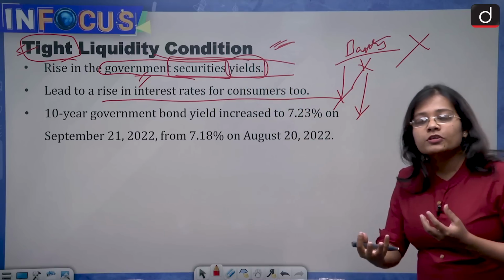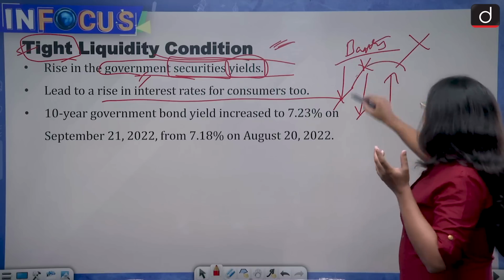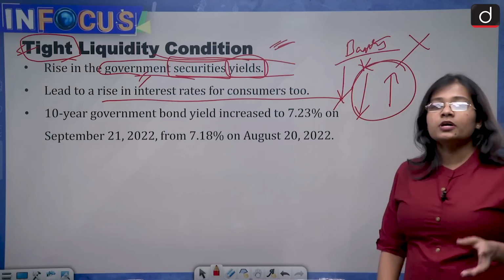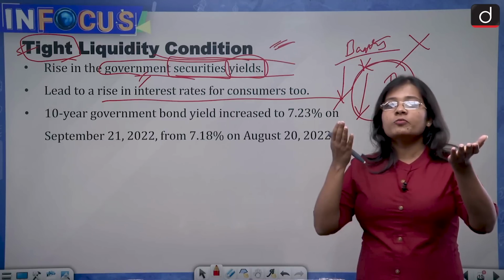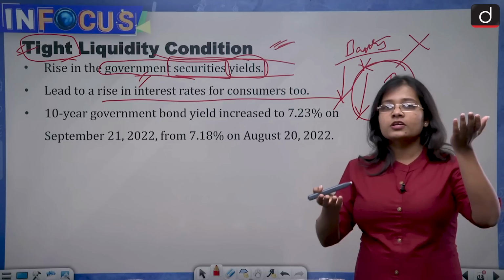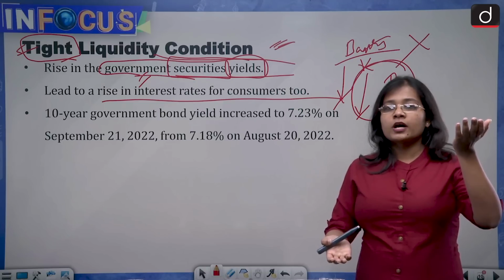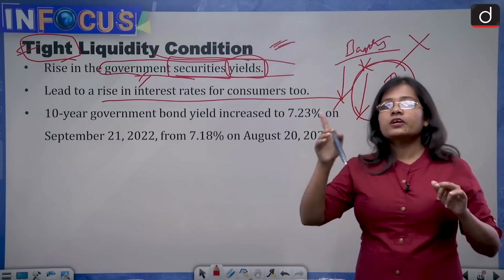When the price of the security comes down, the yield increases. They have an inverse relationship. When the price increases, the yield will lower, and when the yield increases, the price will lower. They will always have an inverse relation.